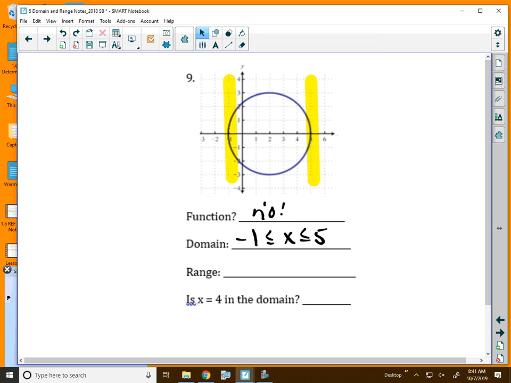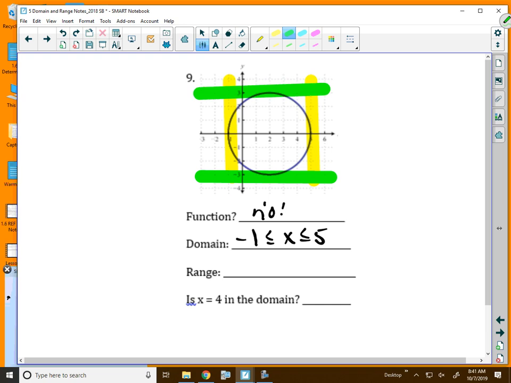What's my lowest? -3 up to +3. Is x equals 4 in the domain? Yeah, it is in the domain. It's not in the range, it's in the domain.